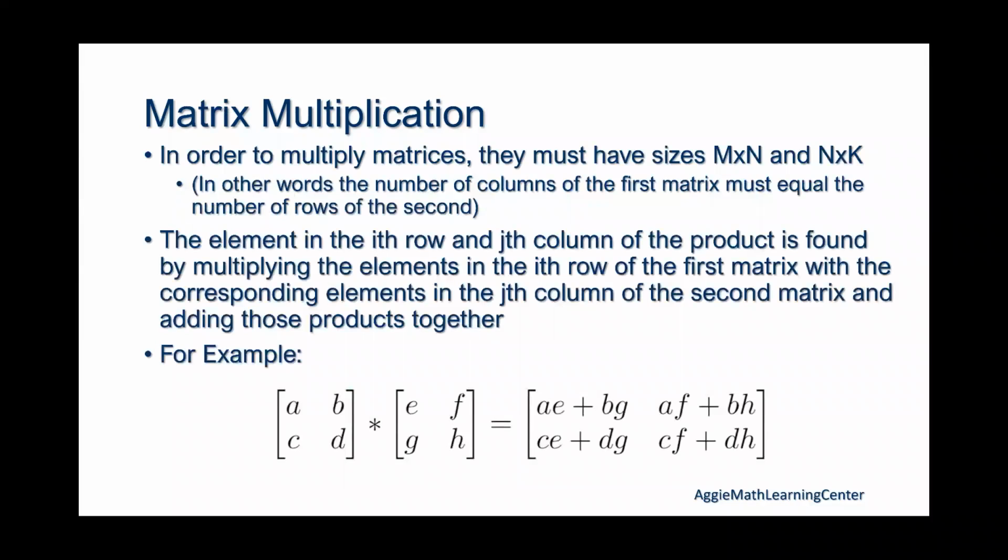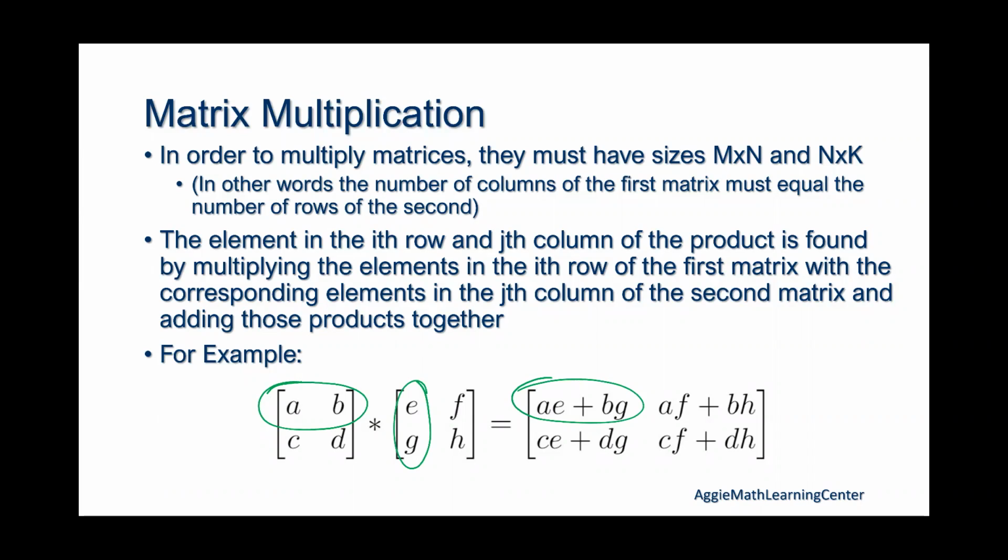Matrix multiplication is where it gets a little bit wacky. In order to get your first entry in your product, you're going to multiply the first row by the first column.